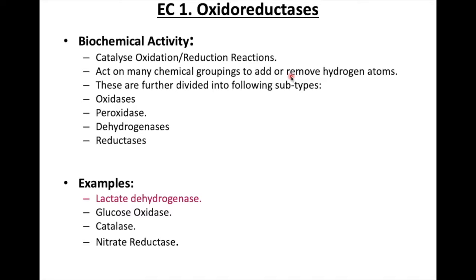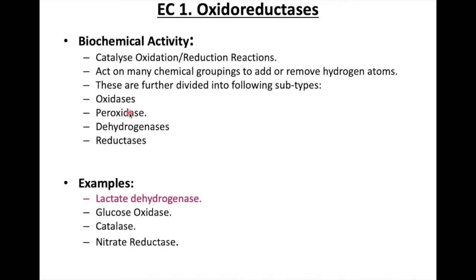The oxidoreductases are further divided into subtypes like oxidases, peroxidases, dehydrogenases and reductases. Oxidases are enzymes that cause oxidation of the substrate with the help of molecular oxygen, meaning they transfer the hydrogen of the substrate to molecular oxygen.